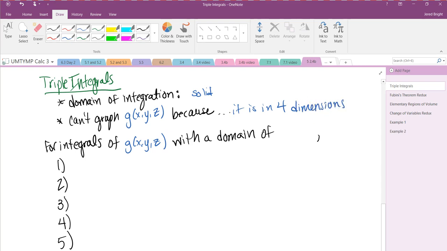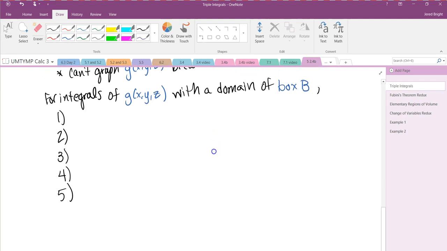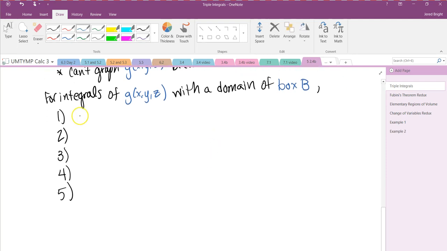Okay, and then when we talk about triple integrals, we're going to be on a domain, and we're going to call the domain a box B. In terms of what we're going to do conceptually, it's very, very similar. We're going to break box B into n cubed subboxes, and then we're going to say let x_ijk star be in the ijkth subbox.